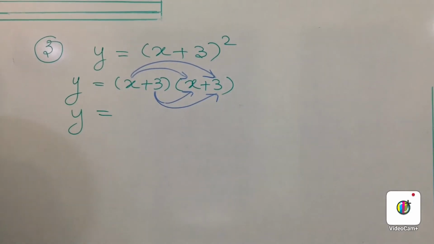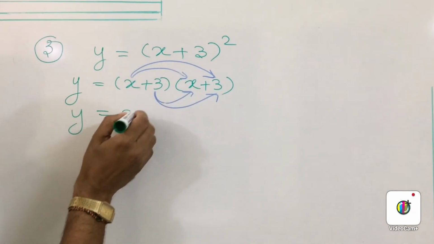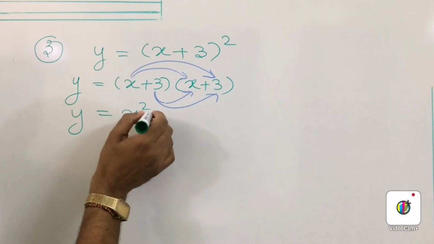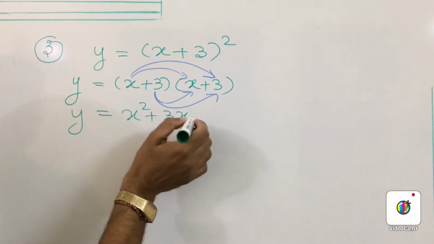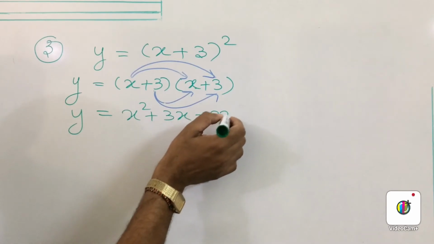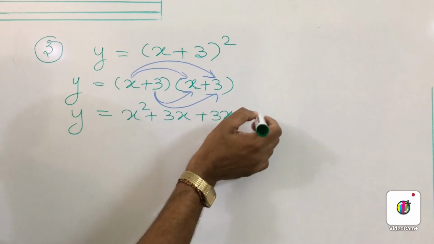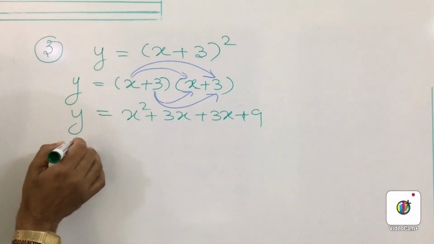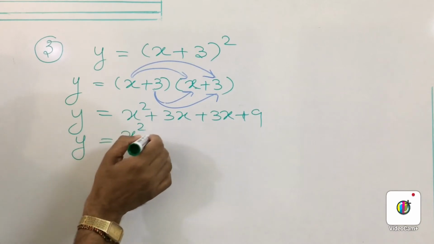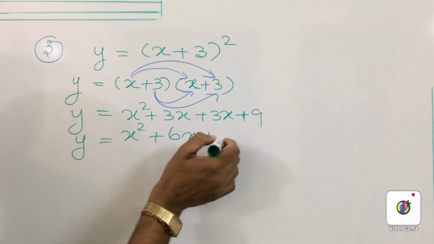Therefore, x into x, x squared; x into plus 3, plus 3x; 3 into x, plus 3x; plus 3 into plus 3, 9. Therefore, y = x squared + 3x + 3x, 6x + 9.